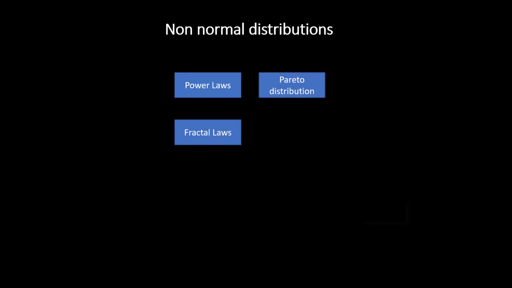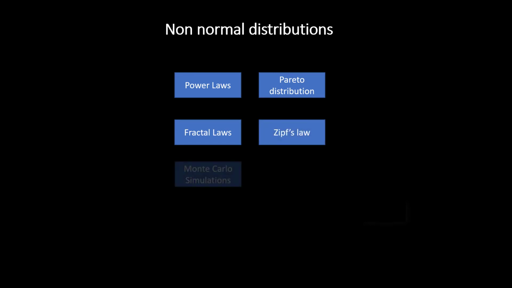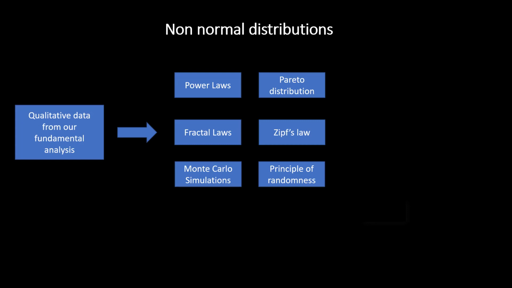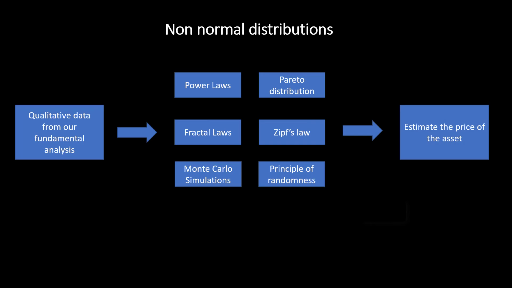On the other hand, non-normal distribution is divided in different theorems than those of normal distribution. For example, we have power laws, Pareto distribution, fractal laws, Zipf's law, Monte Carlo simulations, and the principle of randomness. And what we do is we obtain the qualitative data from our fundamental analysis, then we input that data utilizing the non-normal distributions, and then we can estimate the price of the asset.